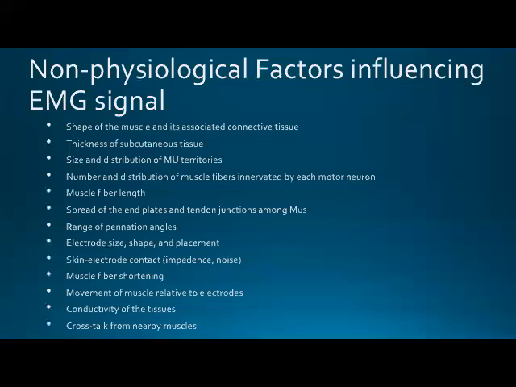Muscle fiber shortening. You'll notice you won't see as many of these studies done in aerobic exercise, so less in cycling, even less in running, because you're going to have more rapid shortening of the muscle fiber, and potential movement of the muscle relative to the electrodes.